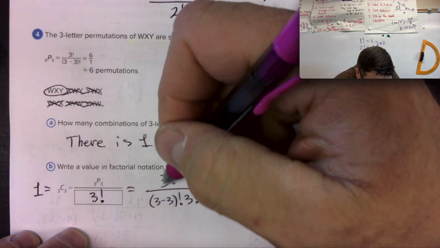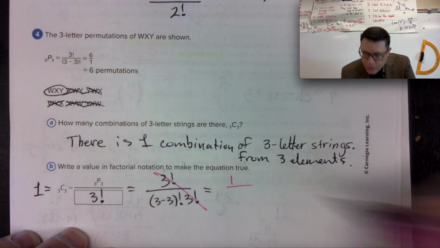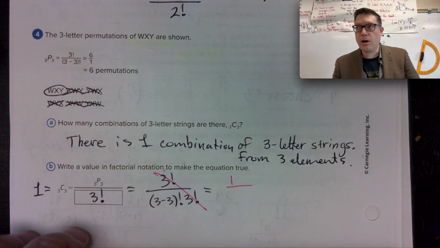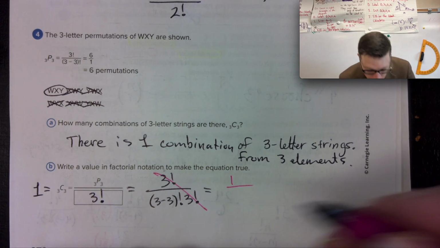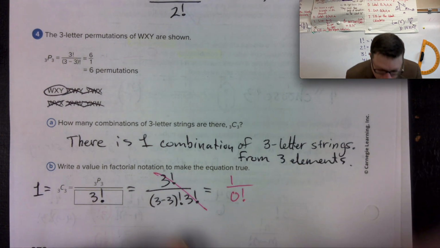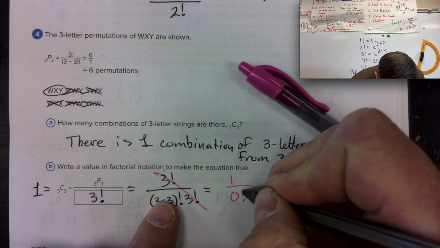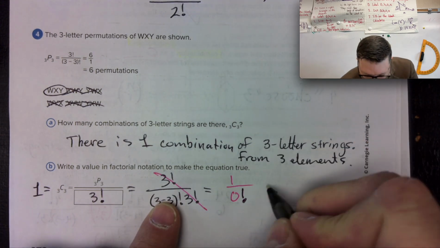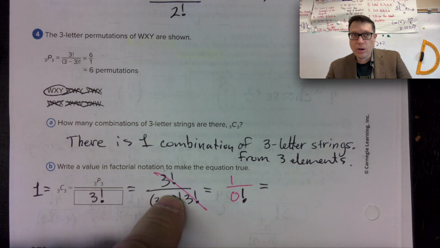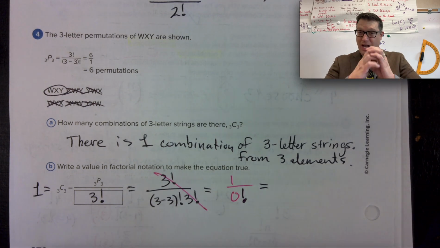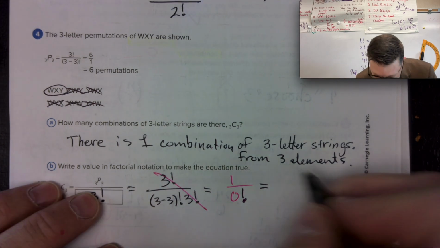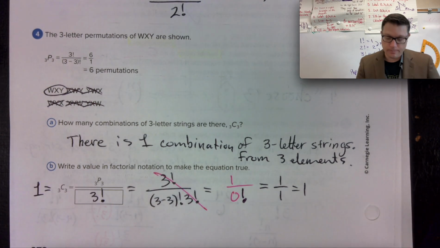These 3 factorials reduce to 1, and then 3 minus 3 is 0, and 0 factorial, because it's in the parentheses, in fact, that's not a reduction. But 0 factorial, there's only one way to arrange nothing. So this is really 1 over 1 equals 1. Wow.